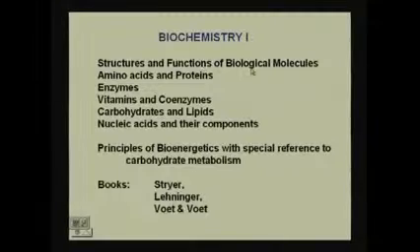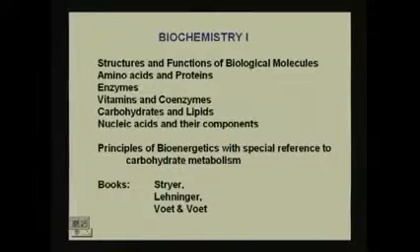The topics that we will be covering are structures and functions of biological molecules. In that, we will be considering amino acids and proteins, enzymes. Under enzymes, we will be considering the mechanisms of specific enzymes. Then we will go on to vitamins and coenzymes, carbohydrates and lipids, nucleic acids and their components.